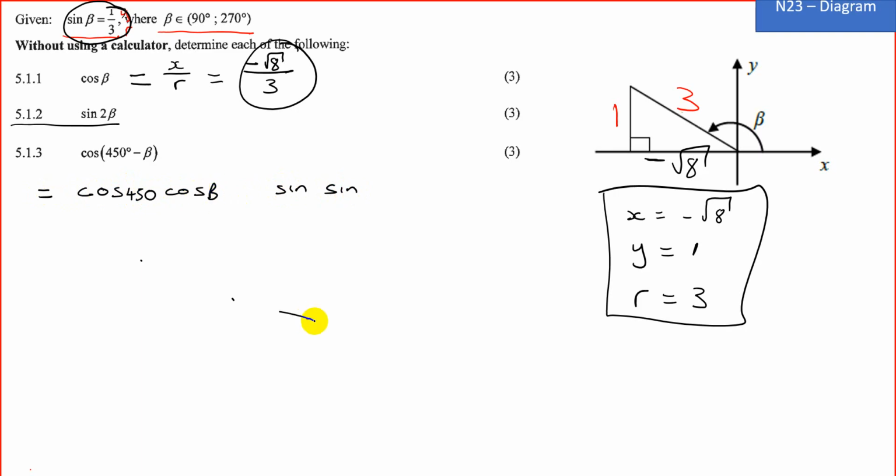This will change to a plus, and you get sin 450 sin beta, and that's applying the compound angle formula. Now anything over 360 we're going to subtract 360, and 450 minus 360 is 90.